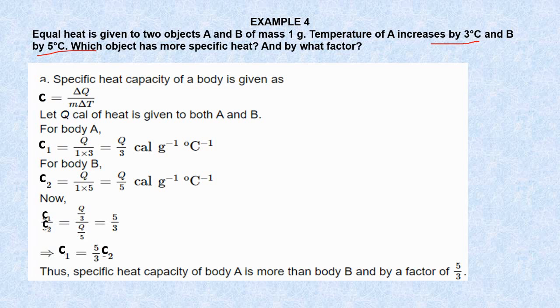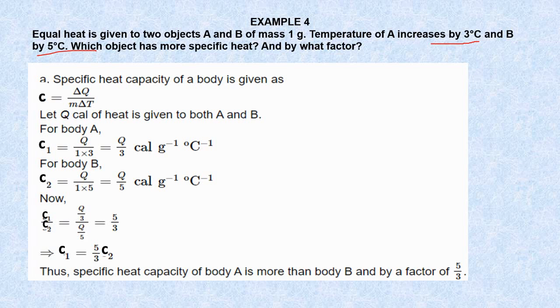Similarly, for body B, C2 is the specific heat, which will be equal to Q upon 1 into 5, where 5 is the increase in temperature, which is Q upon 5 calorie per gram degree Celsius. Now we'll compare the specific heat of both by dividing them. So C1 upon C2 is equal to Q upon 3, the whole upon Q upon 5.